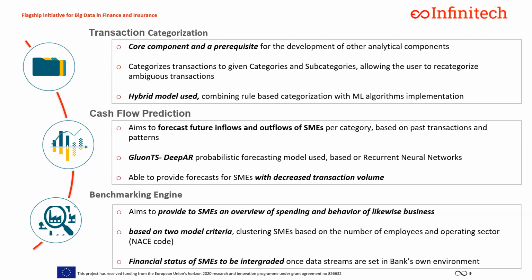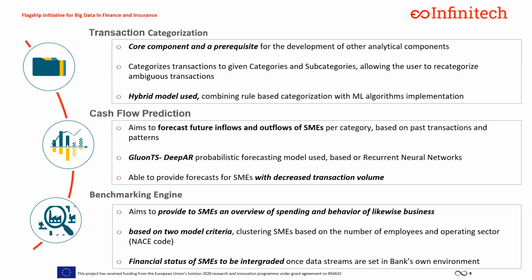Finally, we prepared the benchmarking engine, which aims to provide SMEs an overview of their spending and the behavior of other like-wise businesses. What we consider a like-wise business is based on two criteria at this point. We're clustering the SMEs based on the number of employees, to have an idea if it's a very small, a small or a medium SME.